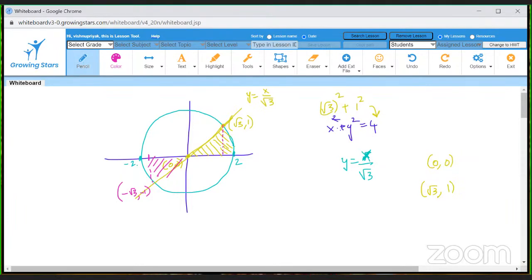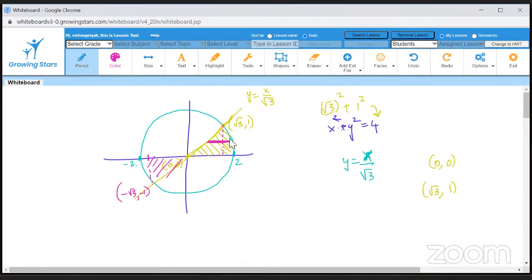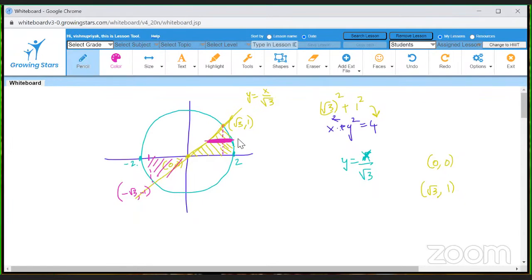So without a graph, that happens. With a graph, you will have a clear-cut idea of what you have to find. After graphing, you can't draw a line perpendicular to the x-axis; you have to draw perpendicular to the y-axis.